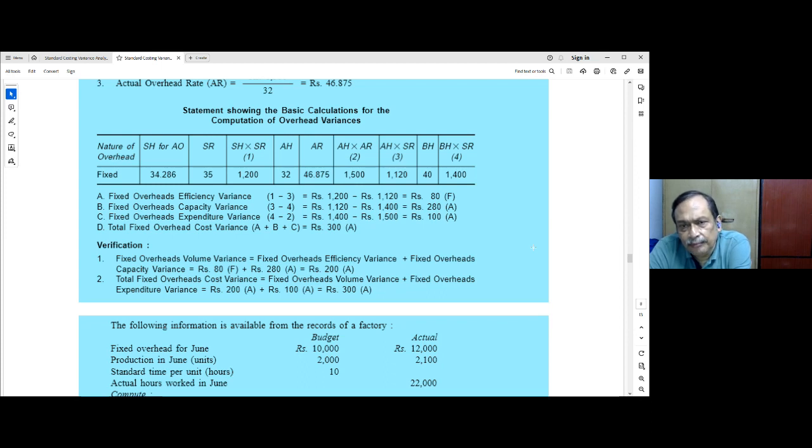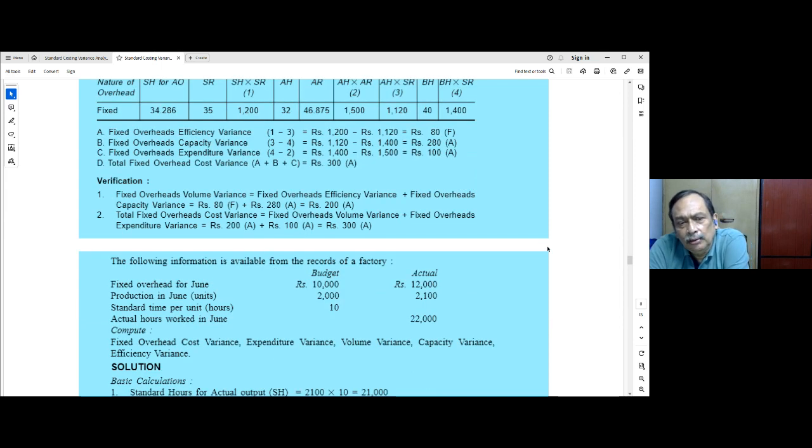Fixed overhead expenditure variance, 4 minus 2, that is 1,400 minus 1,500, that is rupees 100 adverse. And total fixed overhead cost variance will be the aggregate of fixed overhead efficiency, capacity, and expenditure variances, which comes to rupees 300 adverse.